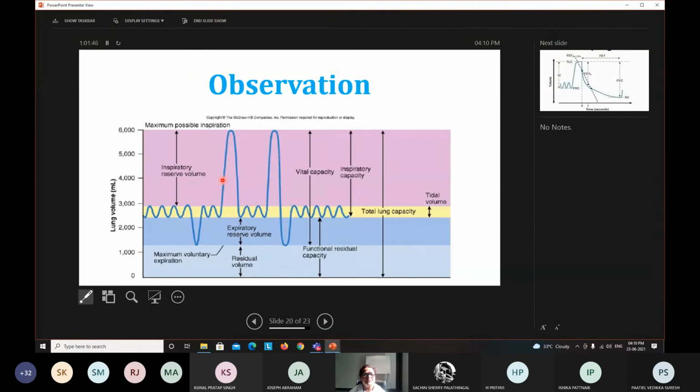This will give you inspiratory reserve volume. Then after 2-3 normal cycles of breathing, ask the subject to breathe in forcefully and exhale forcefully. Both inhalation and exhalation should be done forcefully. This will give you vital capacity.